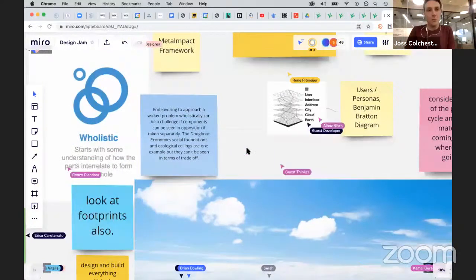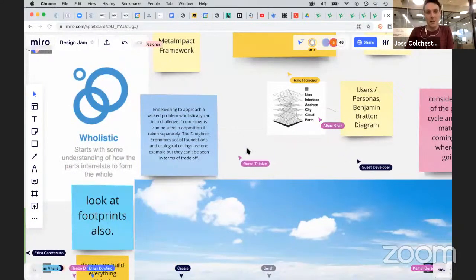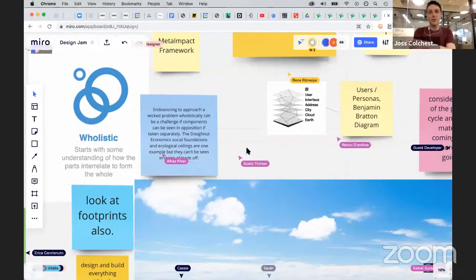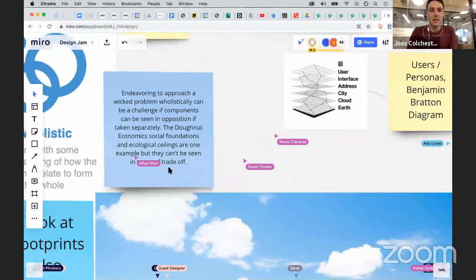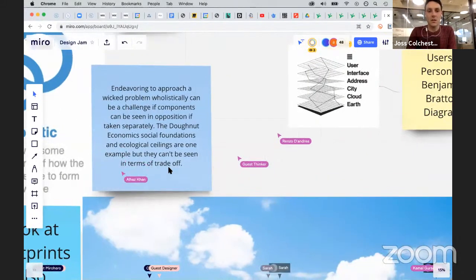Endeavoring to approach a wicked problem holistically can be a challenge if components can be seen in opposition if taken separately. The doughnut economics social foundation and ecological ceiling are one example, but they can't be seen in terms of trade-offs.